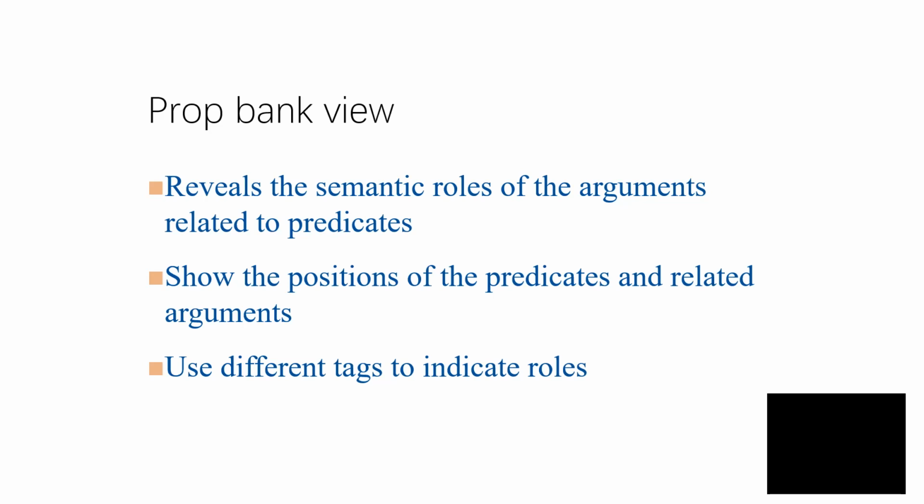These arguments are recorded in the prop bank, and the prop bank can show the positions of these arguments in the sentence. It also uses different tags to indicate the roles of the arguments related to this predicate.